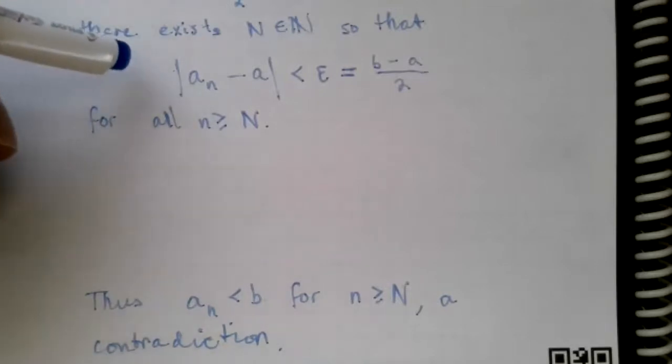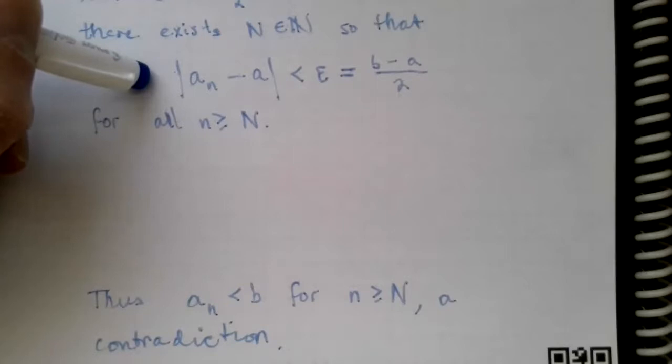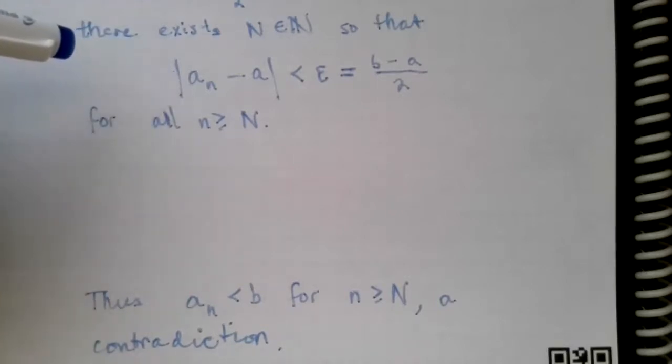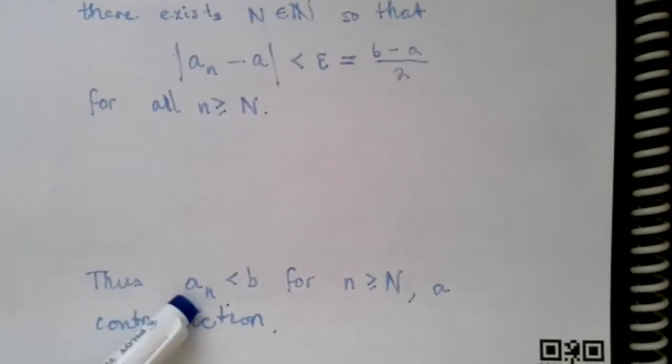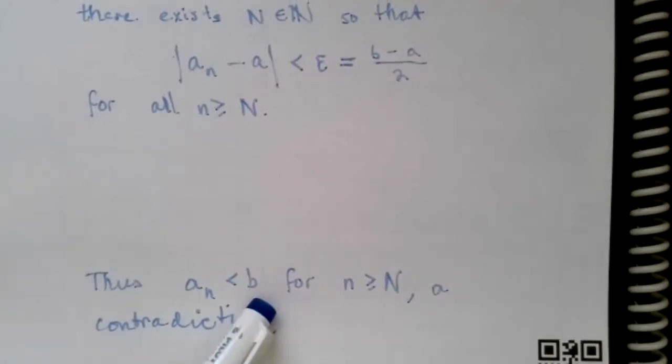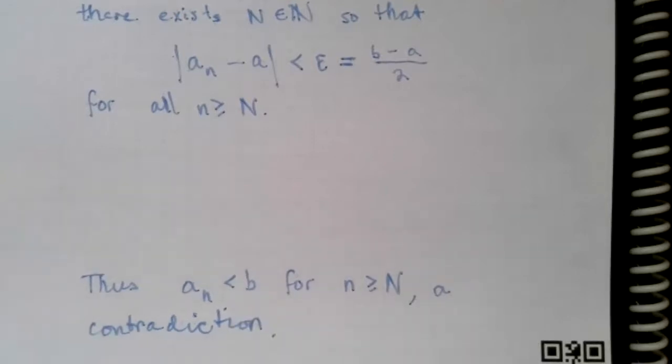I'm not quite sure I can do that. Can we add a B and subtract a B? Okay, so we're going to have to work a B in here somehow. We want to say something about the A sub n's and this one particular B. So we need to bring B into the picture somehow.